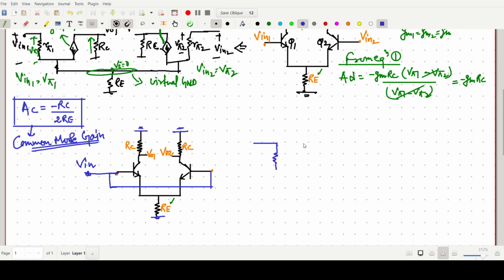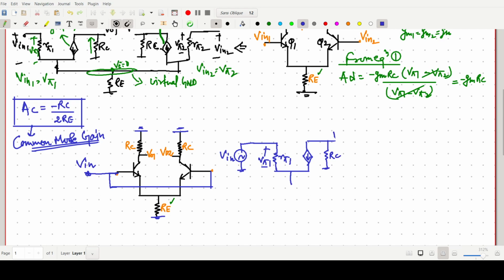Try to make a resistance, say R pi 1. This value is V pi 1, and this one is nothing but simply our V in. Very similar to the differential one, but the gain will come minus Rc by twice Re. How? That I will show you.